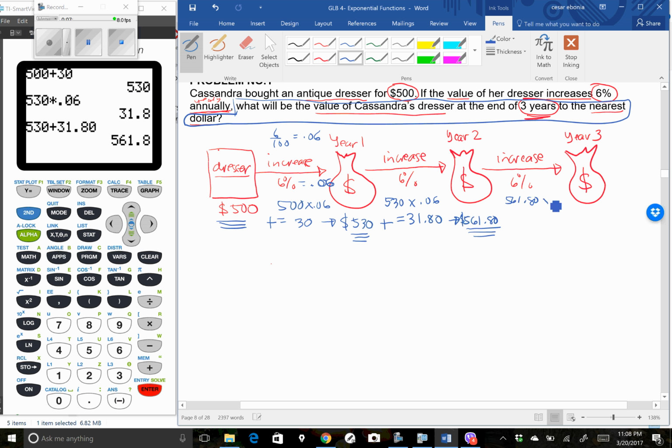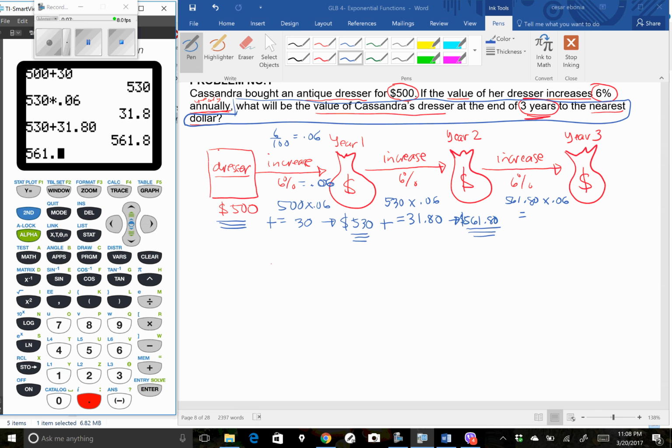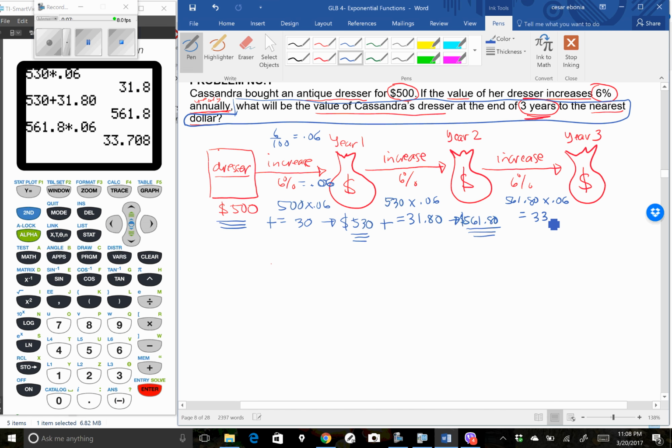The third year, this should be 561.80 times 0.06, that should be 33.708. You add that.